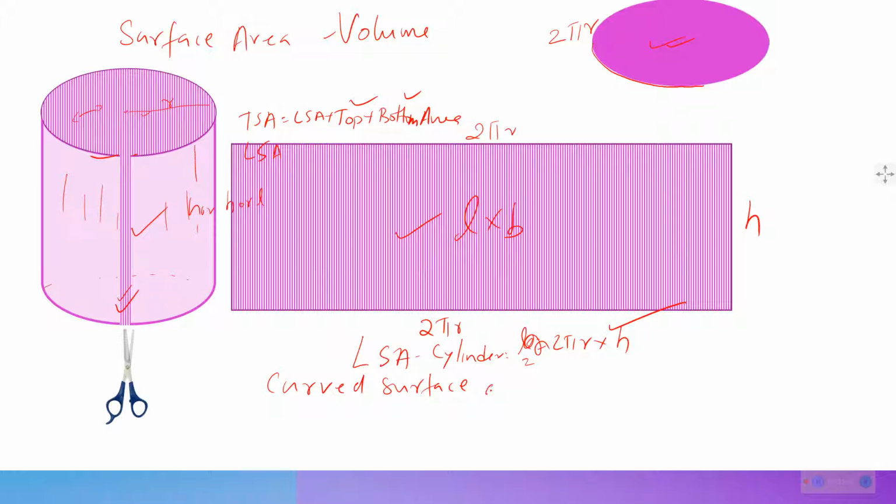I'm talking about surface area only. Volume we will explain later. If you ask me about total surface area, then I have to add the area of top and bottom. So lateral surface area can be calculated by 2 pi r h.